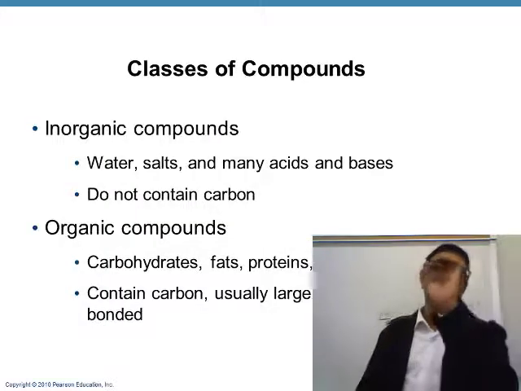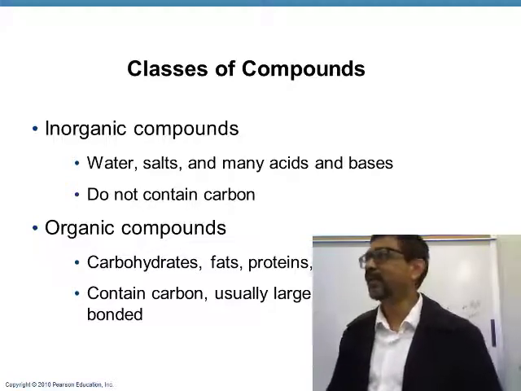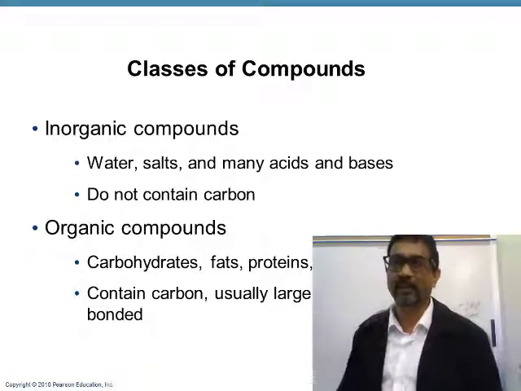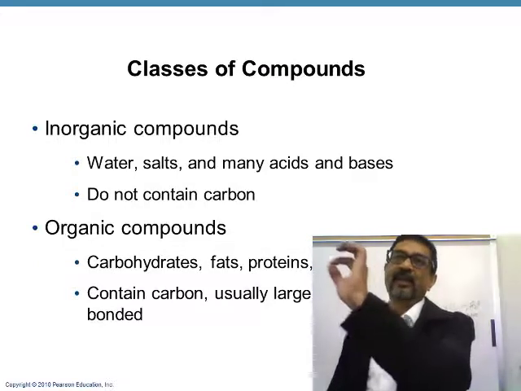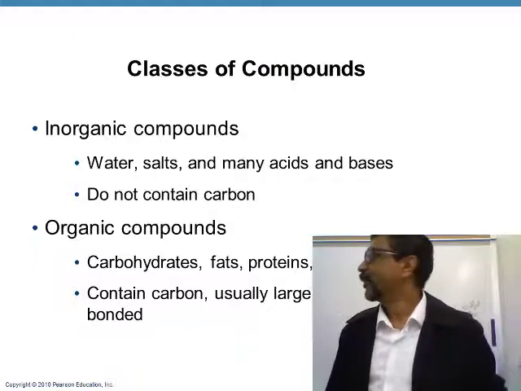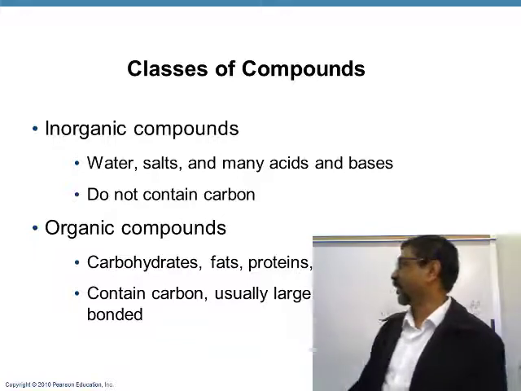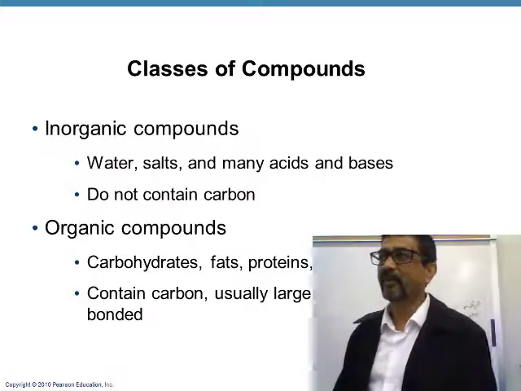The human body consists of both organic and inorganic compounds. You must remember at the very beginning I mentioned that. So what are the inorganic compounds? The most common inorganic compound is water. Water is the most abundant chemical in your body, and it is an inorganic chemical. Other inorganic chemicals are salts, different types of salts, acids and bases.